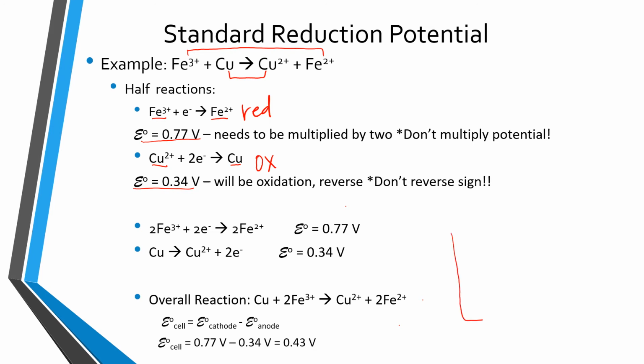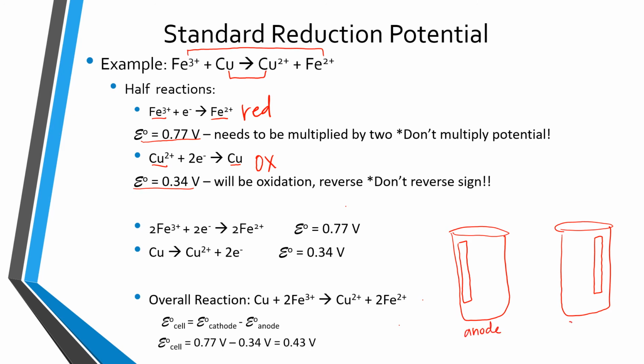So if we want to visualize what's going on here, I have two beakers, my two half cells. Now I want to point something out while I'm doing this. A lot of times we do anode, cathode, but that doesn't mean it's always going to be left to right. It is possible that the cathode could be on the left and the anode could be on the right. So don't get tripped up by that.